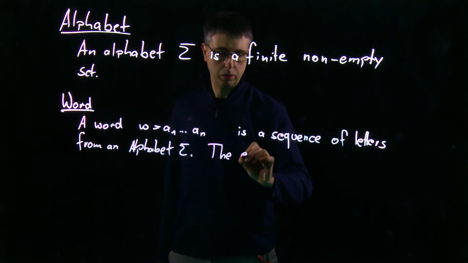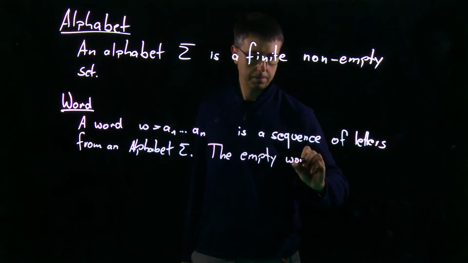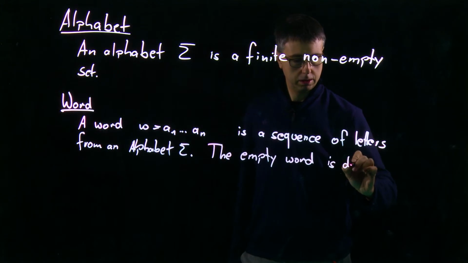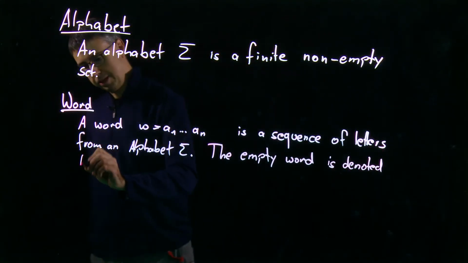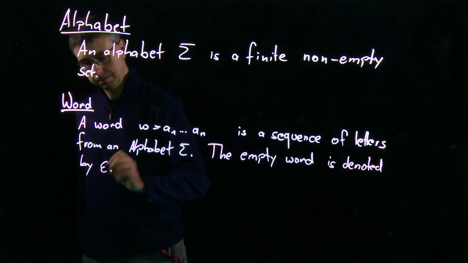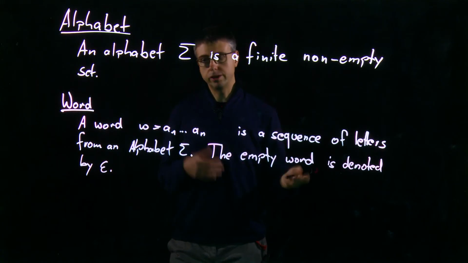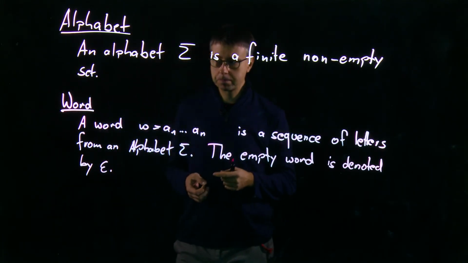So the empty word is denoted by epsilon. That's also very much like in programming languages. There you have the empty string. Epsilon is more or less the same.